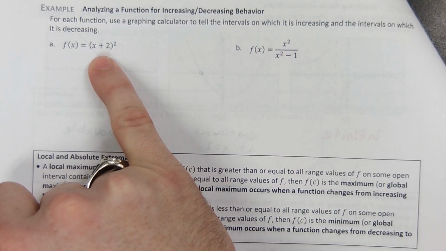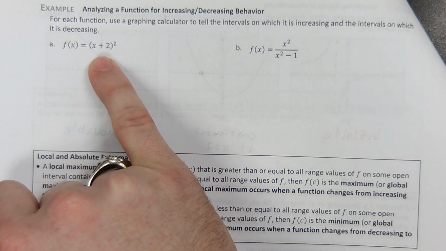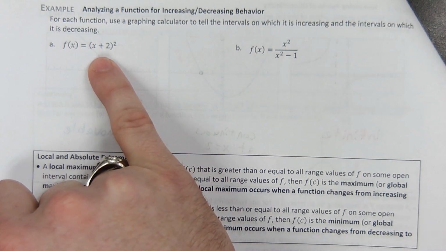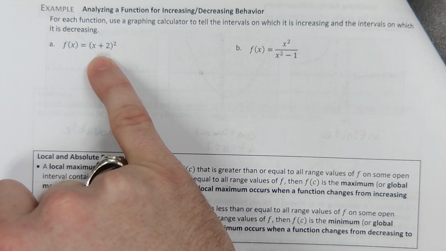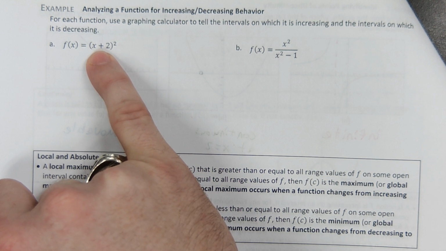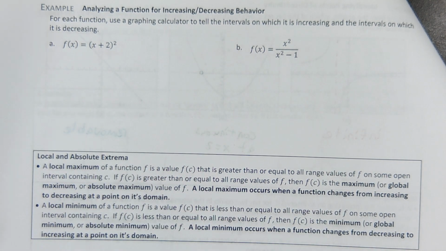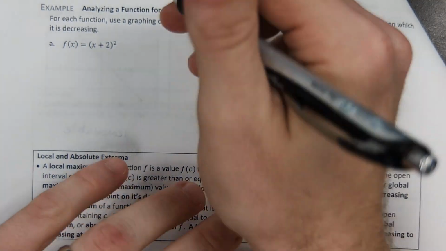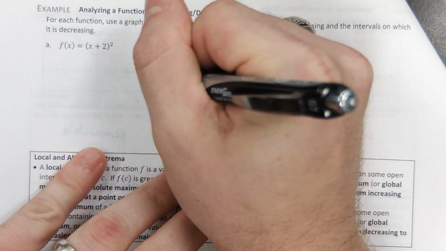It faces up because there's not a negative sign in front of it. And its vertex is at -2, 0, because this is just the parent function x squared that's been shifted to the left 2. So -2, 0. I'm going to sketch that parabola that I just described.